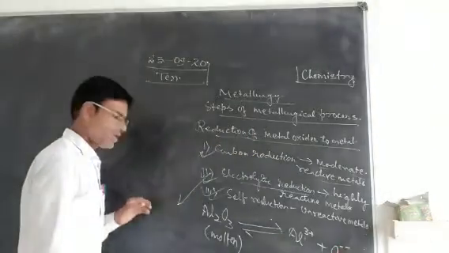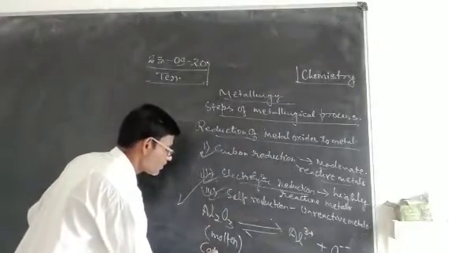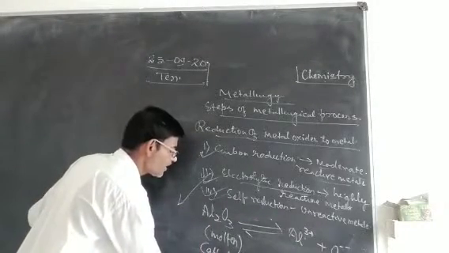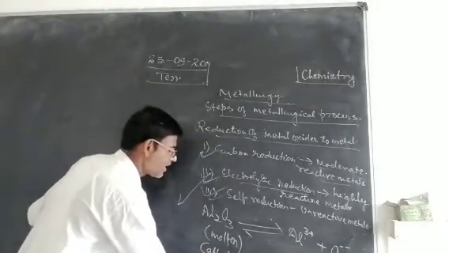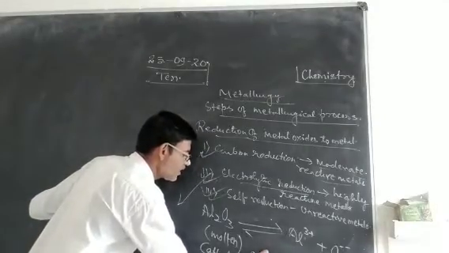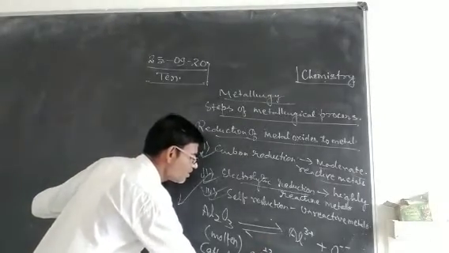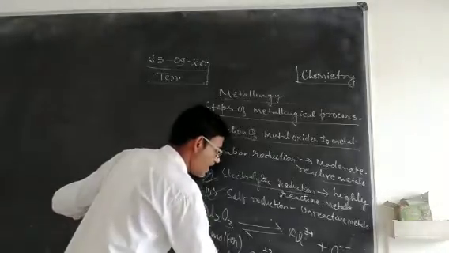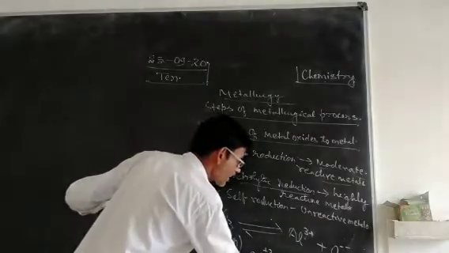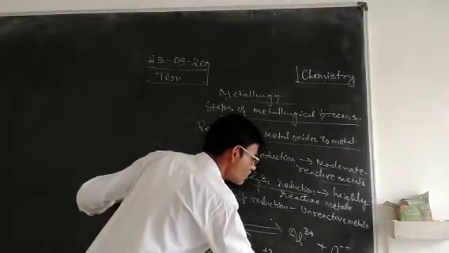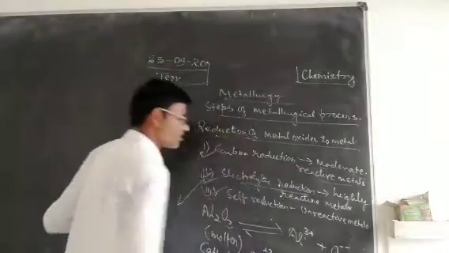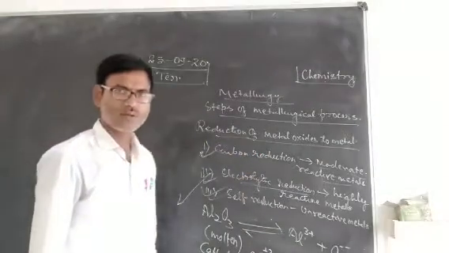At cathode, aluminum ion, by getting free electrons, gets discharged and is deposited on cathode.